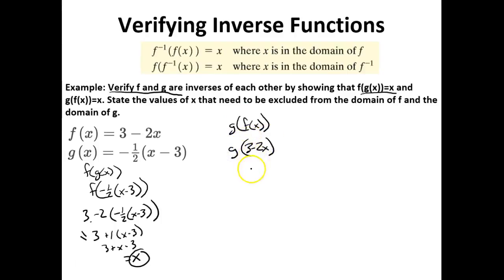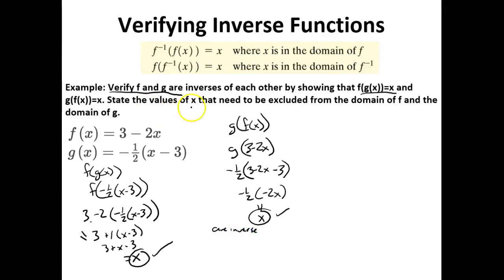So we take this 3 minus 2x and put it into the set of directions, which tell us to subtract 3, and then multiply by -1/2. When I do that, we'd have -1/2 times -2x, the 3 minus 3 goes away, and -1/2 times -2x is x. Because both of these directions, depending what we did first, ended up at x, these are inverses.